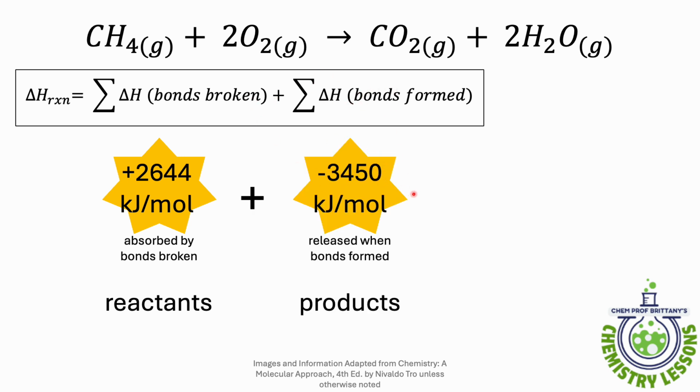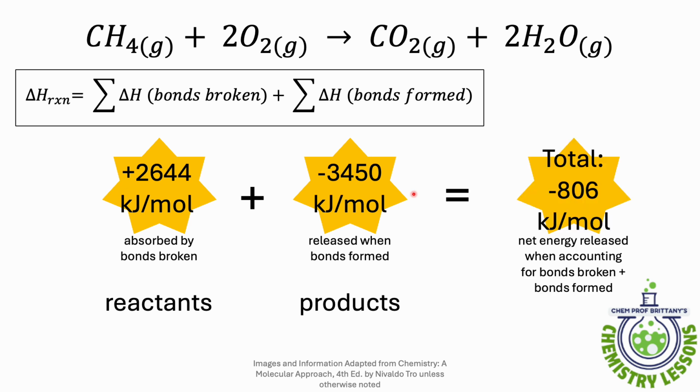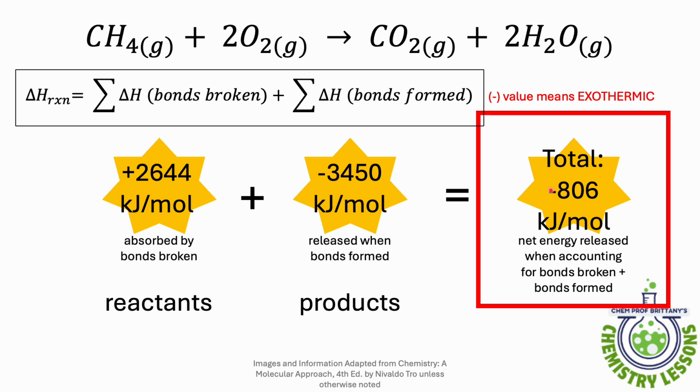That's that negative 3,450, so reactants and products, and get a total of negative 806 kilojoules per mole, which is the net energy released, and it's released because it's negative, when we account for both the bonds that are broken and the bonds that are formed. So that negative value that we have right here means that this is an exothermic process.